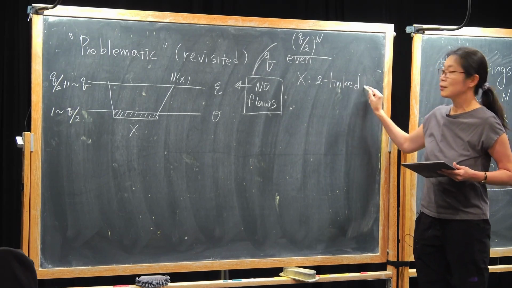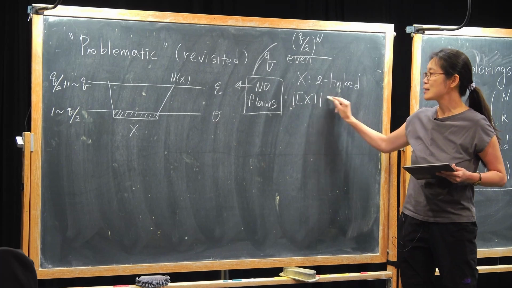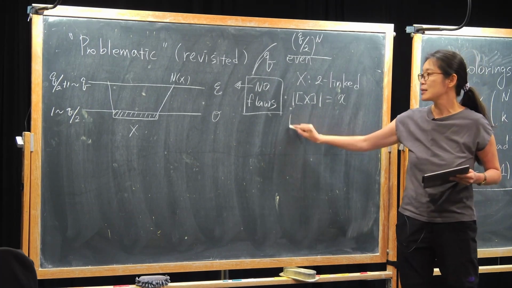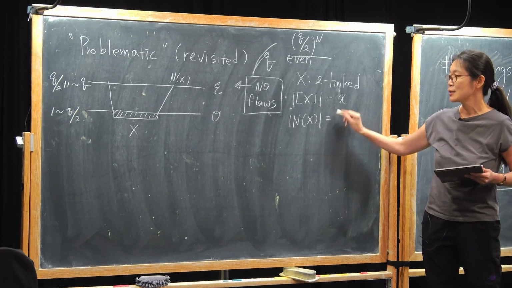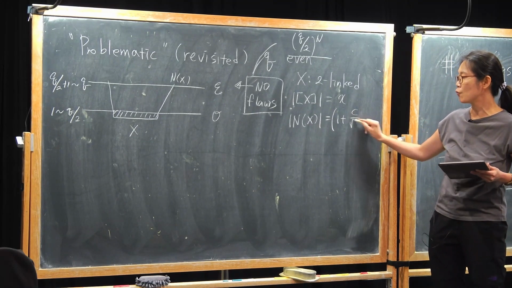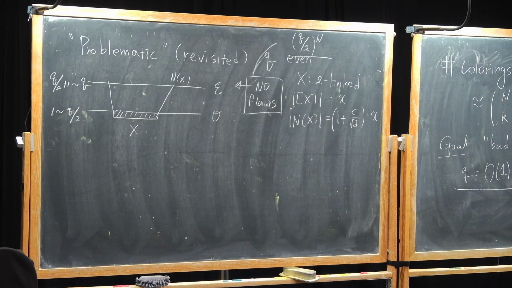We know what the definition of this is. And then the size of the closure, let's say this is x. And then the size of the neighborhood, let me say this is the worst possible case. So this is 1 plus some constant over d, root d, times x. So this is the usual setup. We'll just assume one simple, nice, clean case with the worst expansion. OK?